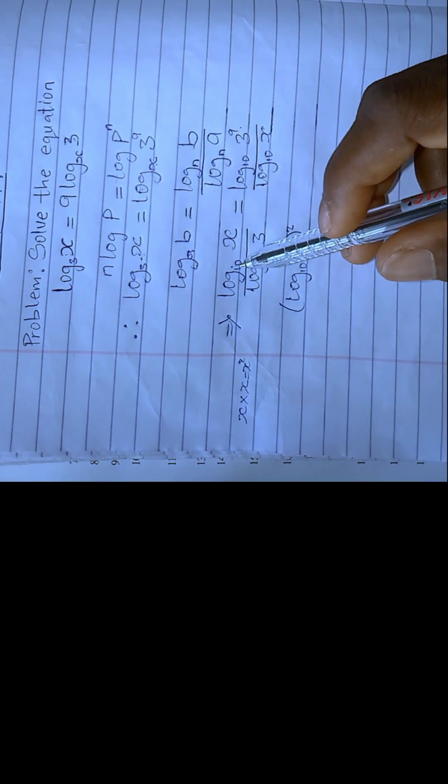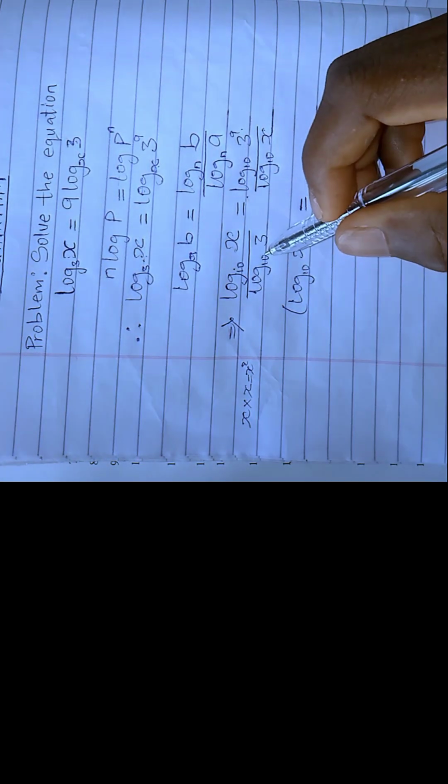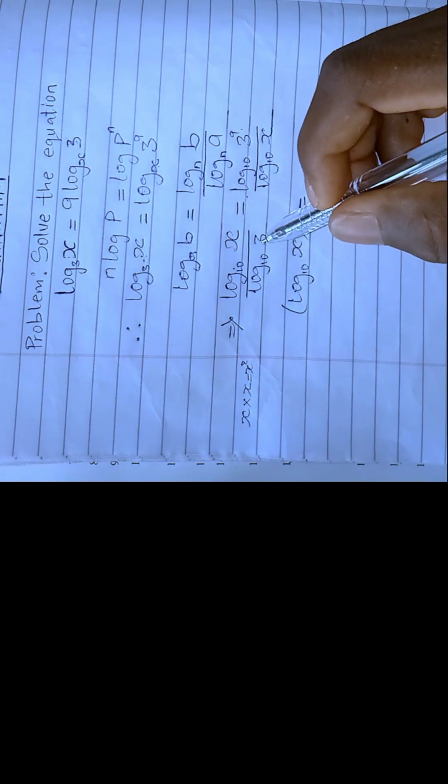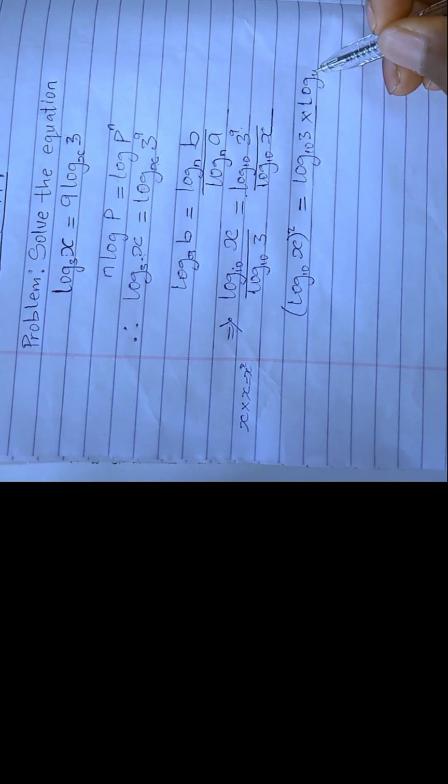So the logarithm to base 10 of x multiplying the logarithm to base 10 of x is the same thing as the logarithm to base 10 of x all squared, being equal to, doing the same thing for the multiplication of the logarithm to base 10 of 3 and the logarithm to base 10 of 3 raised to the power 9.